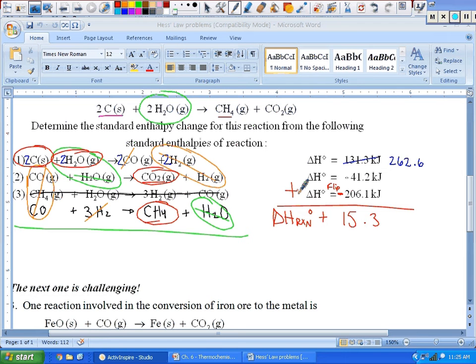Come here. All right, watch. Let's do this together. So 262.6 minus 41.2 equals 206.3 equals 15.1. No, still not 15.3.